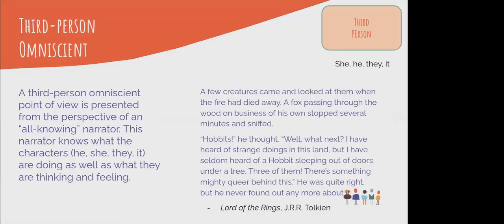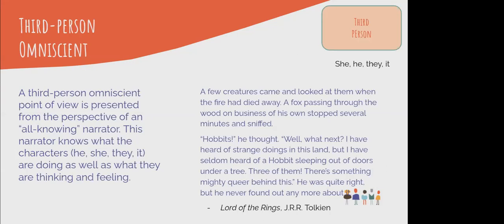All right, so what we mean is we have two different kinds of third person point of view, omniscient and limited. The first one we'll talk about is third person omniscient, which means the point of view is presented from the perspective of an all-knowing narrator.